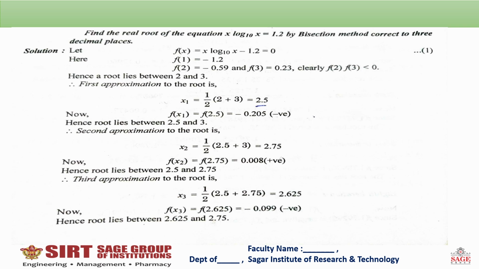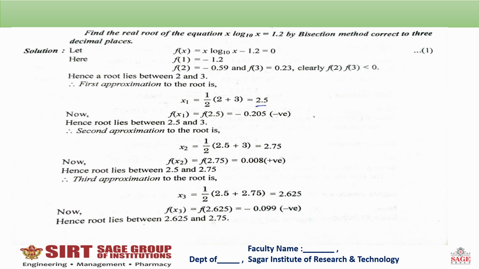Again, we replace the negative root 2 by 2.5, and find the next approximation x2. Our x2 is 2.75. We put x2 again in the function, and the value is 0.008, which is again a positive value. So this time we replace the positive root by the positive root.